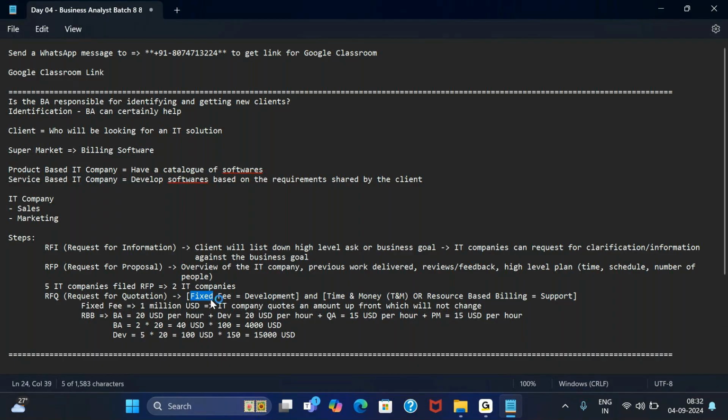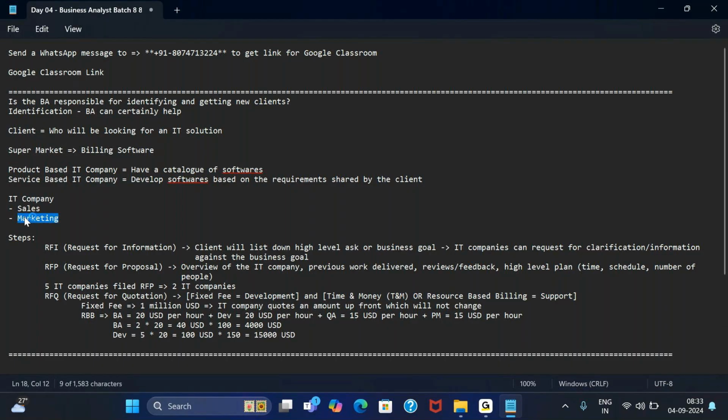So what we did is we started with a client and their requirement, and what they can do. They can approach either a product based company or a service based company. Either way, every IT company will have a sales and marketing team. This team is responsible for attracting clients, doing advertisements, and creating awareness about the IT company.